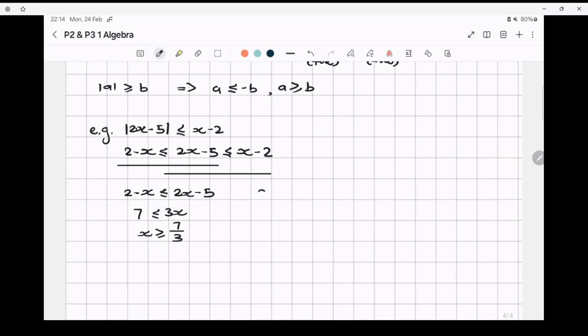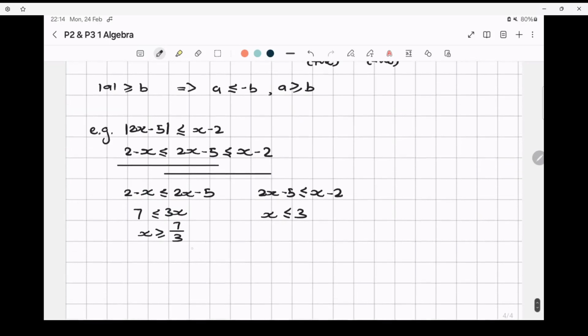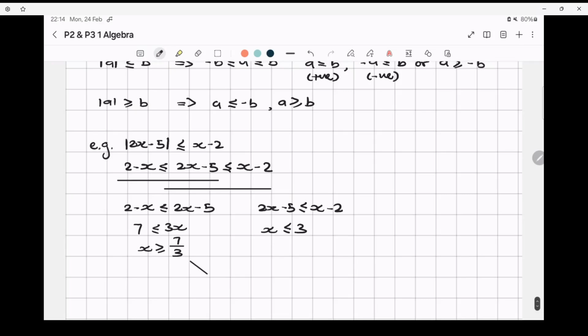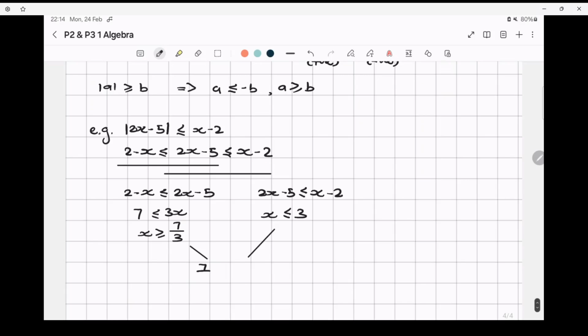Second one is 2x minus 5 smaller or equals to x minus 2. So x will be smaller or equals to 5 minus 2, which is 3. So finally, you combine these two together, you would get 7 over 3 smaller or equals to x smaller or equals to 3.